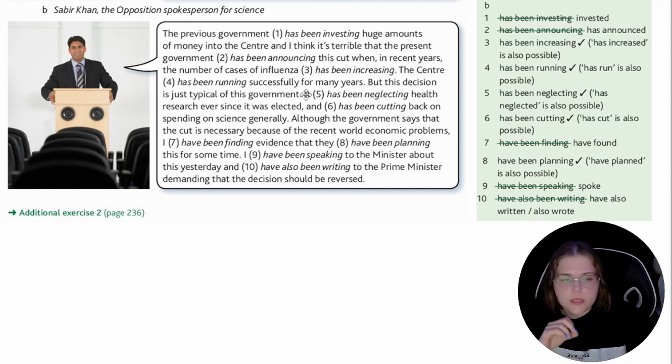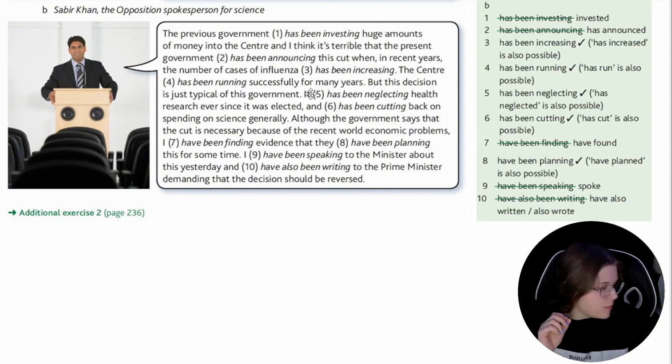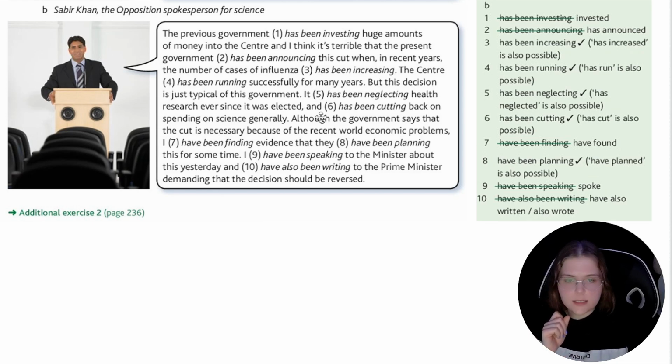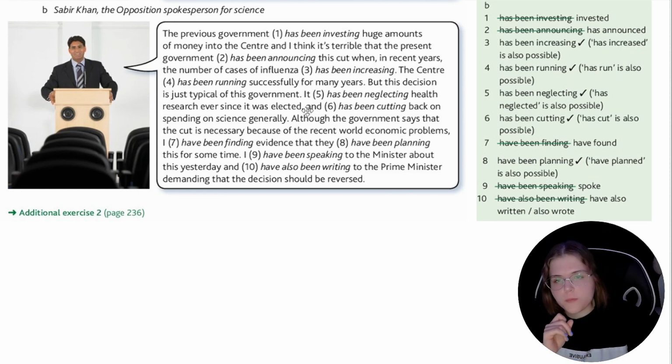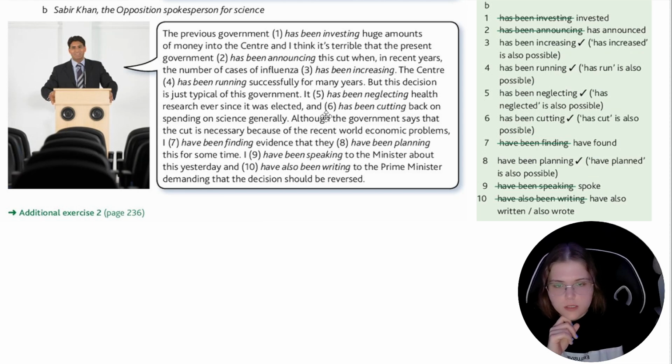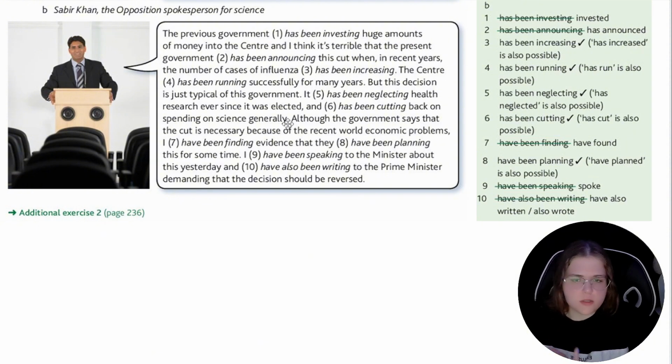It has been neglecting, like ignoring, or has neglected health research ever since it was elected. Result or process. And has been cutting or has cut back on spending on science generally. One more time, if it's just about a result, present perfect, or present perfect continuous if they are still doing it.